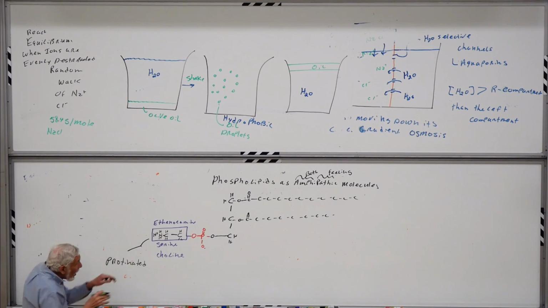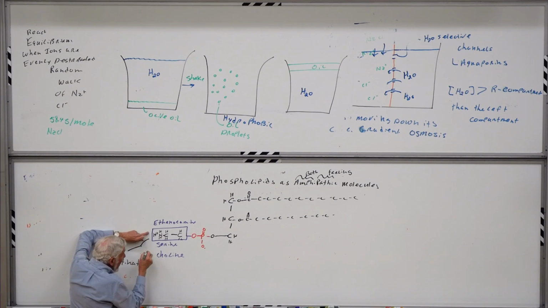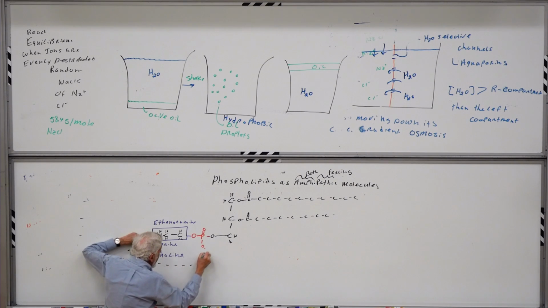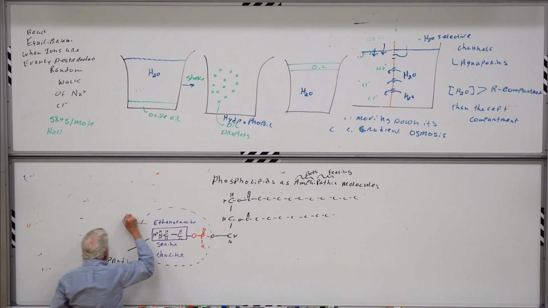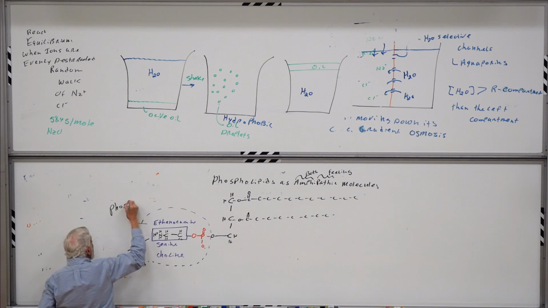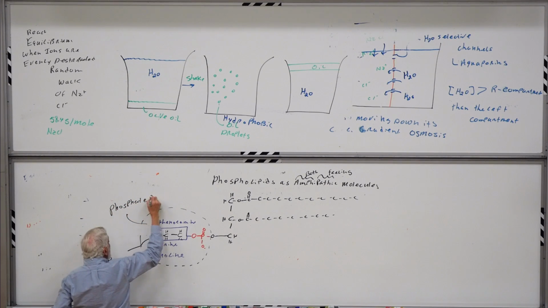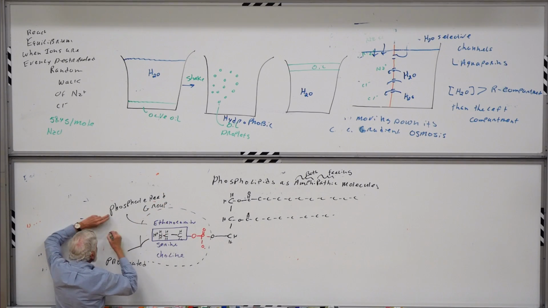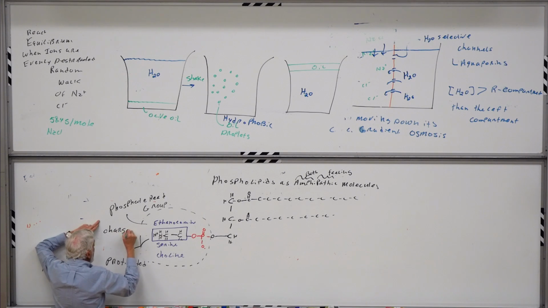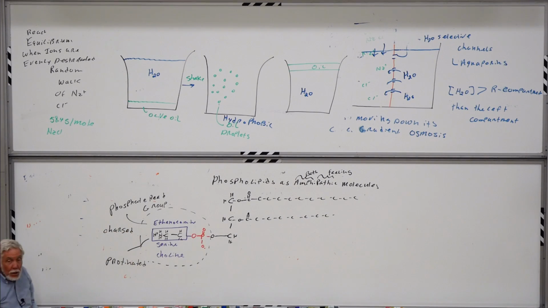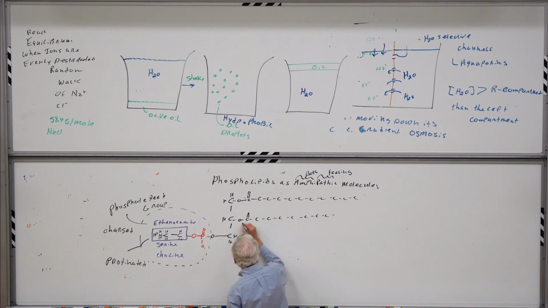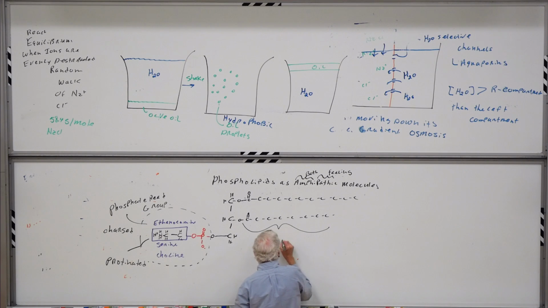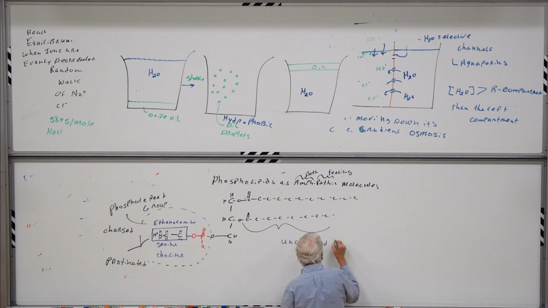Regardless of how we get there, what I want you to recognize is that out here, this structure, known as the phosphate head group, the phosphate head group is charged. So now we have this molecule. The 2 fatty acid side chains back here are uncharged. That is, they're hydrophobic.